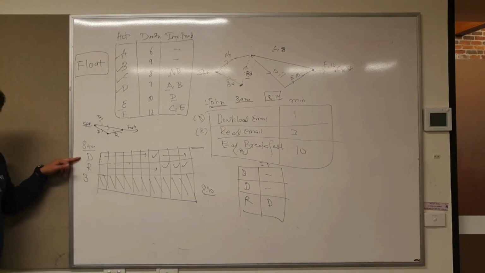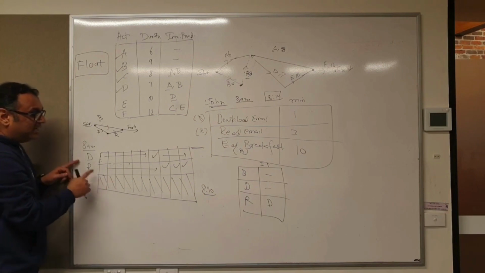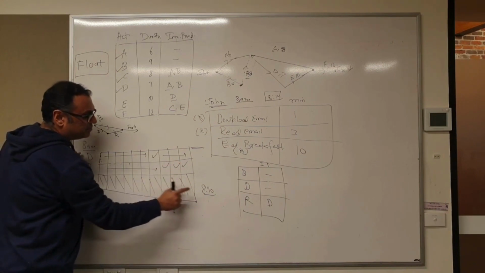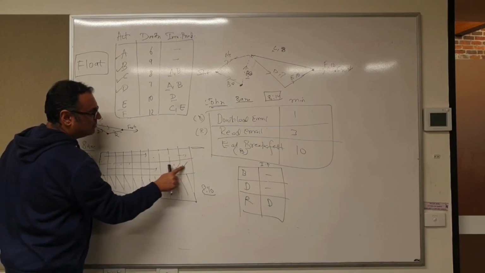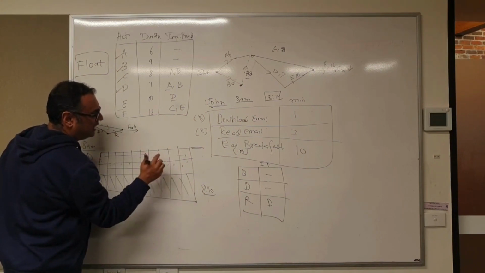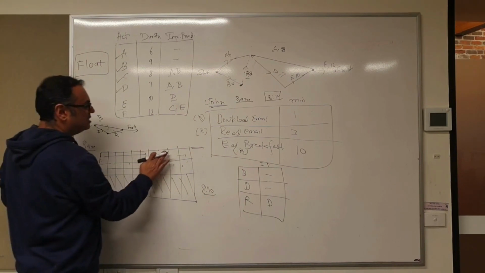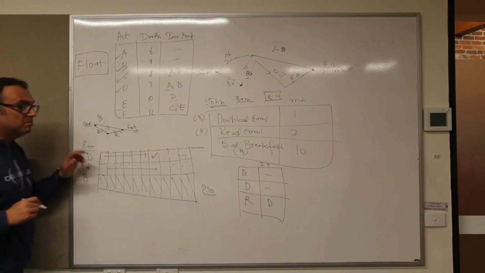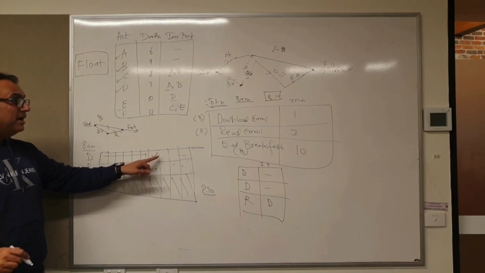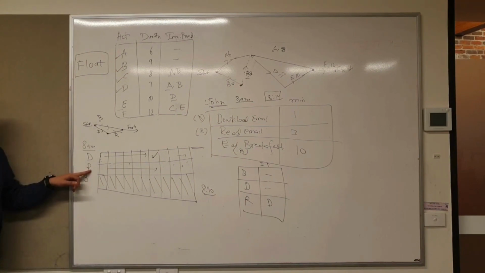Activity D just needs 1 minute, right? So it can be delayed until, like, you see here, you cannot delay activity D beyond maybe the 6th minute, the 7th minute maybe. Because the moment you delay activity D by a minute more, you cannot finish reading by the time your breakfast is done.